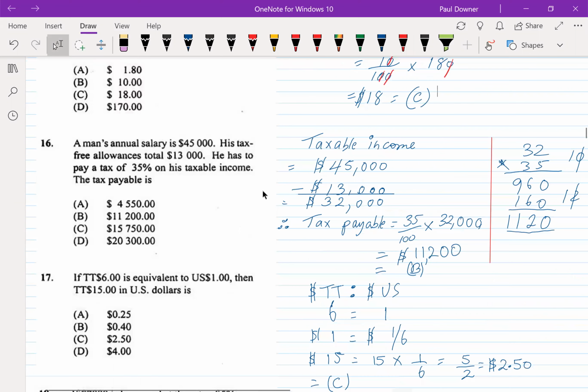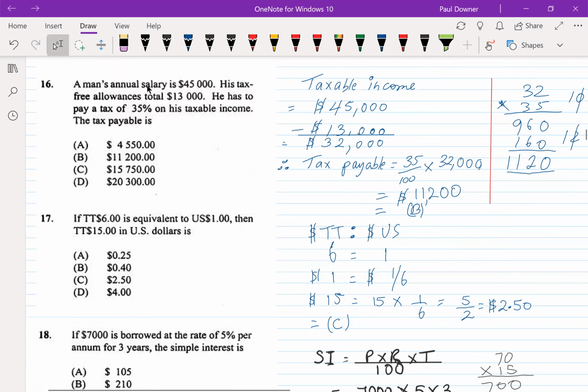Next one, a man's annual salary is $45,000. His tax-free allowances total $13,000. That means he's not going to pay tax on this amount. He has to pay a tax of 35% on his taxable income. The tax payable is, in other words, how much tax should he pay?